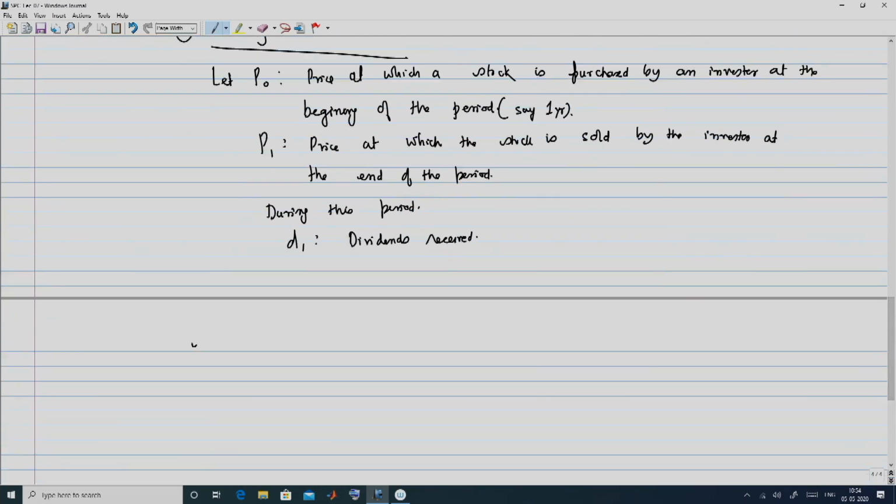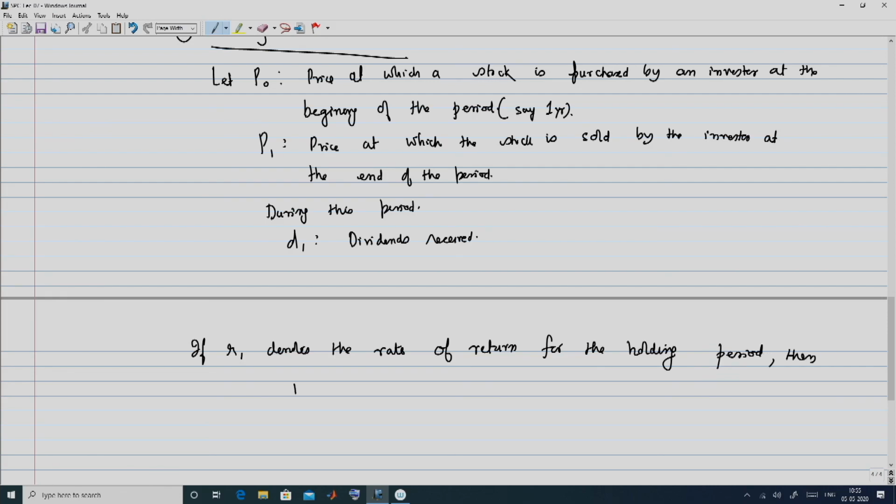Then if the notation R1 denotes the rate of return for the holding period, that is from 0 to 1, then what does it mean?